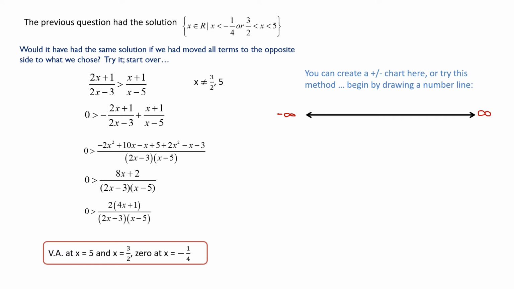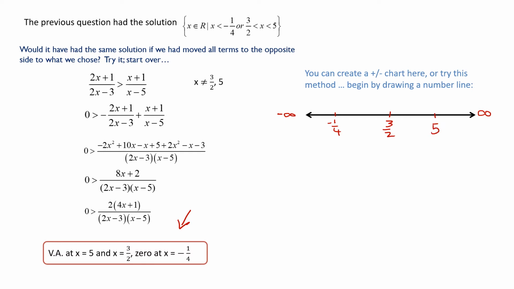I'm not going to space them out to scale, but I'm going to put them in order. So negative 1/4 is my lowest number. Then I have 3/2. See how I'm just spacing them out? I'm not trying to make the spaces equal. I'm just putting the important numbers on there.